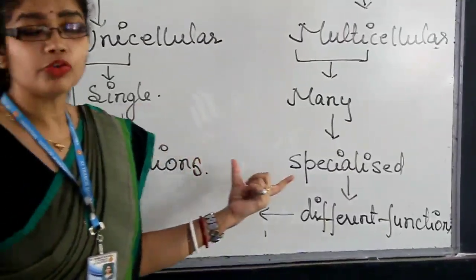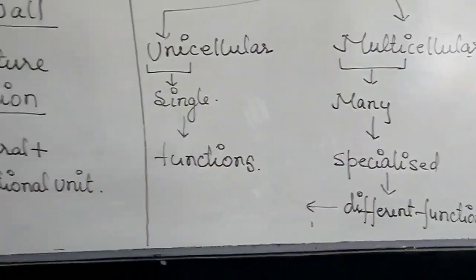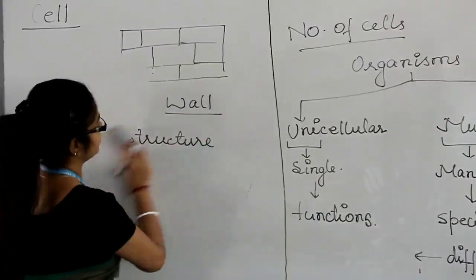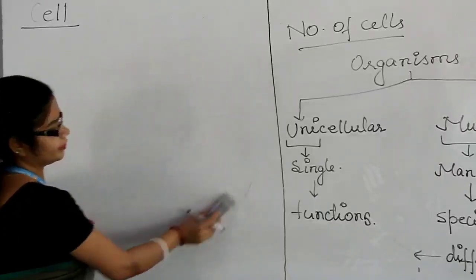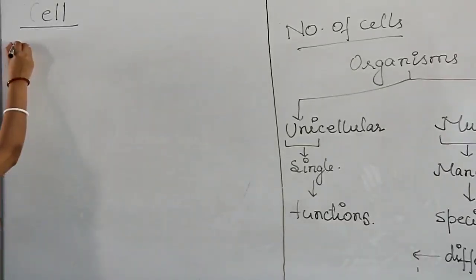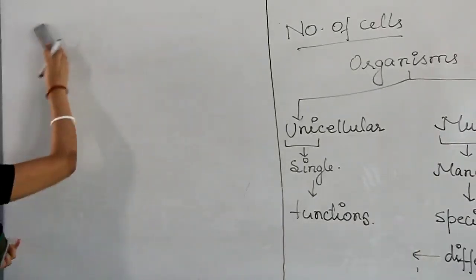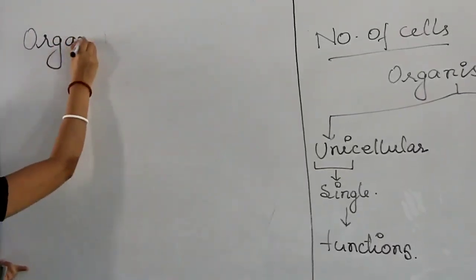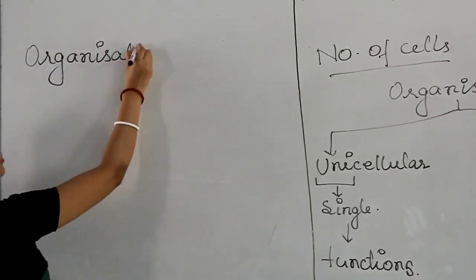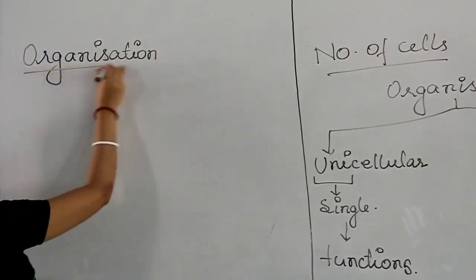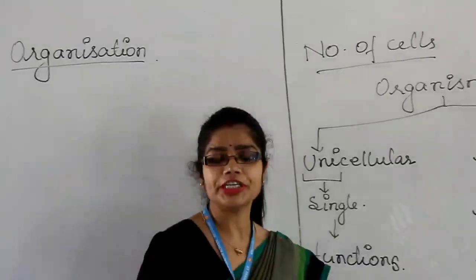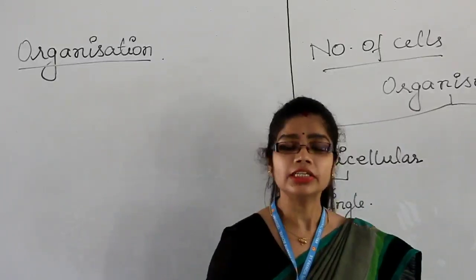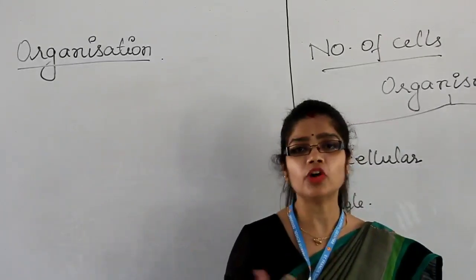Okay, so now we move on to what is organization. If you see any machine, we'll find that smaller units or smaller parts are arranged in such a way that they form the larger part, they form the complex machines.